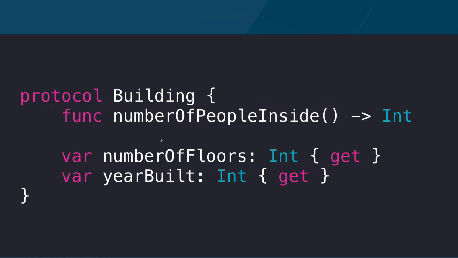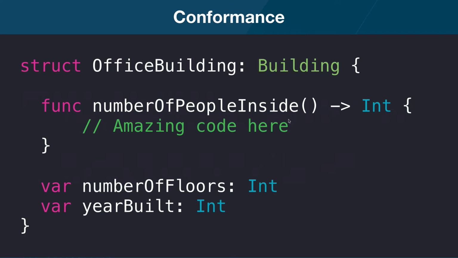So the protocol can leave that up to whoever is adopting the protocol to say, you need to have this function and it needs to return an Int, but the way that you get that Int doesn't necessarily matter, and it could be different, and that's completely okay. So that's why it lets us do this. And then we just have our variables, number of floors and the year built, because maybe that's the same no matter what the building is.